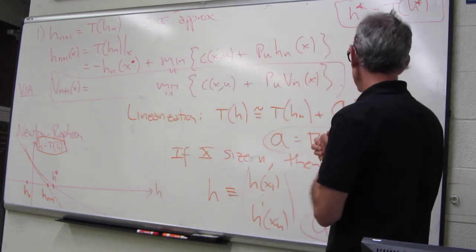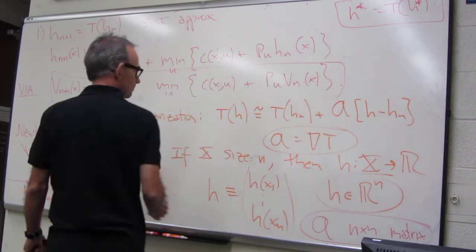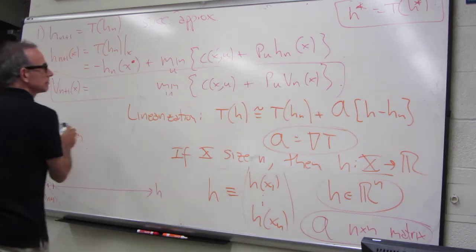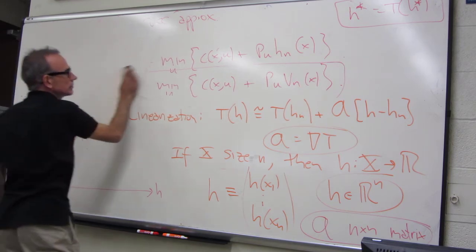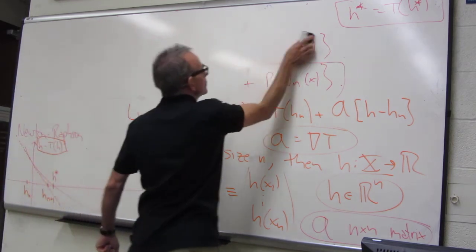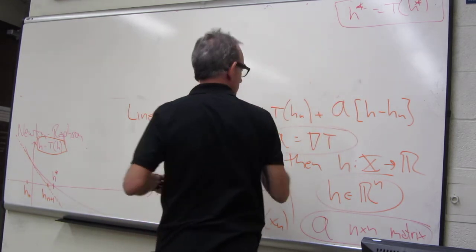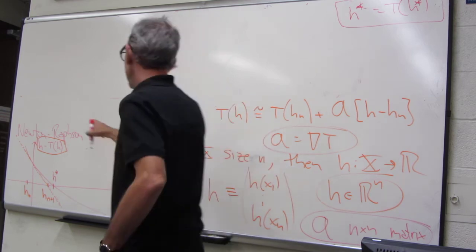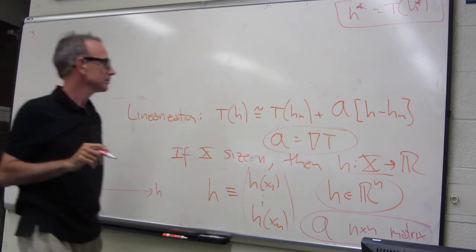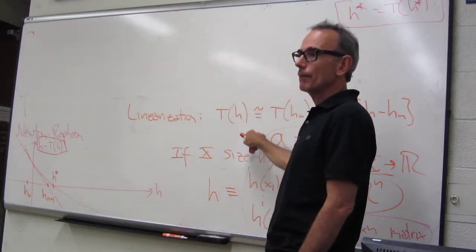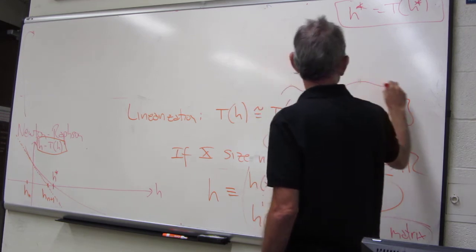All right, and then what you do is you Newton-Raphson. So equivalent to this diagram is to replace T by its linearization. So pretend this is reality.